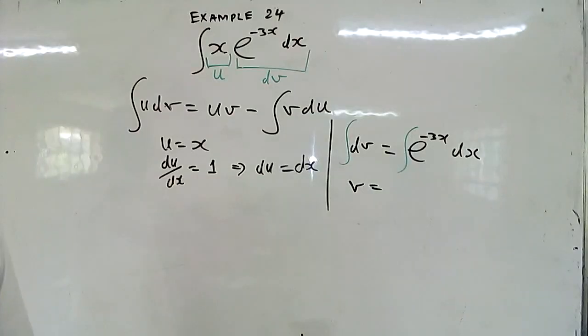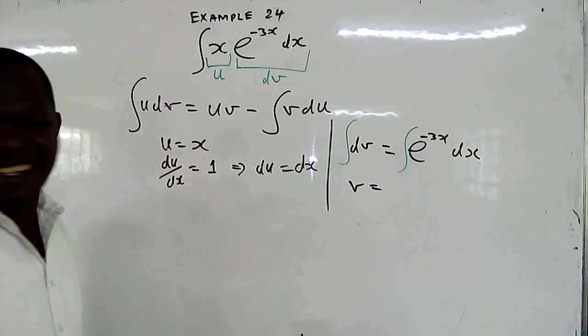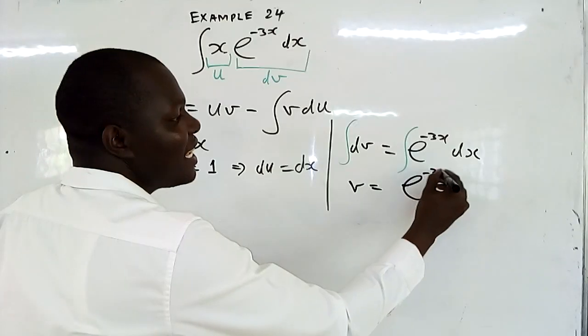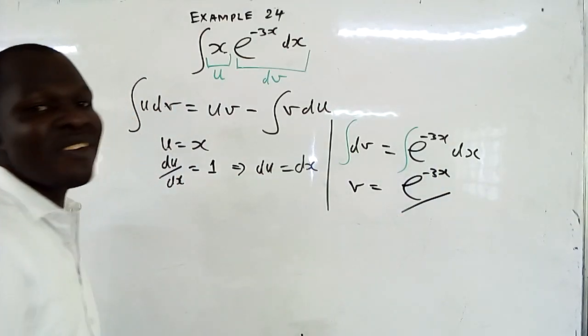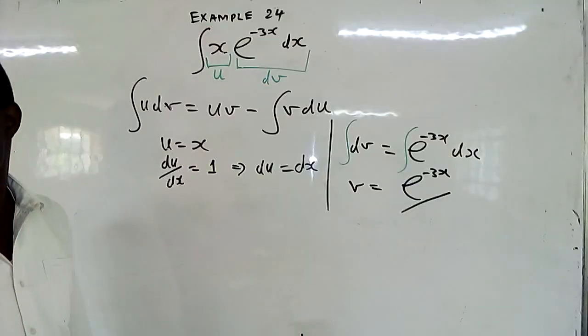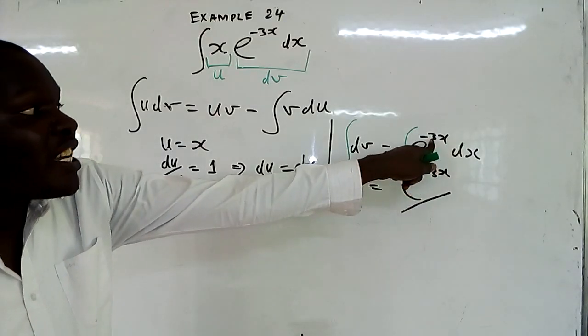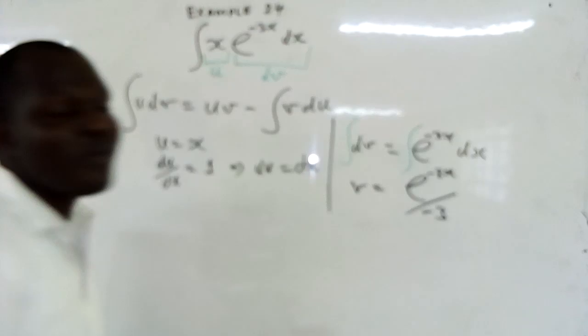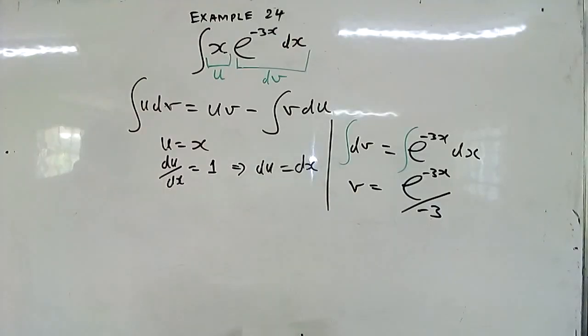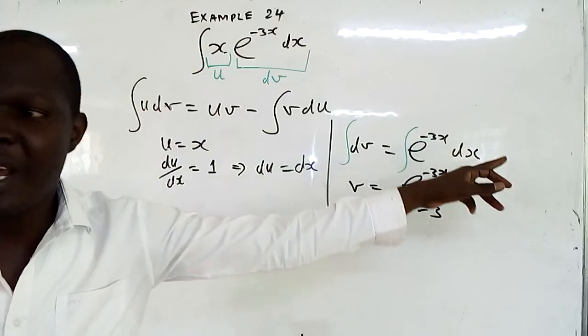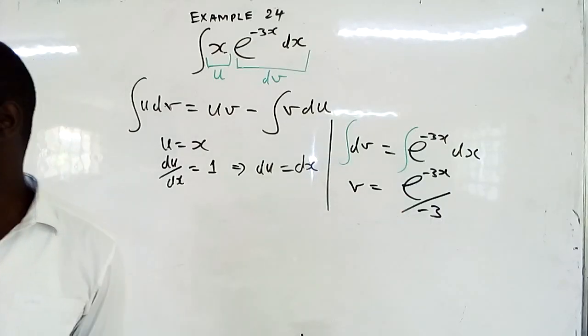Remember, if you integrate an exponential function, it remains the way it is, then you divide by the derivative of the inner function, which must be a constant, and you will always see it, negative 3. If it is differentiation, you multiply; if it is integration, you divide.